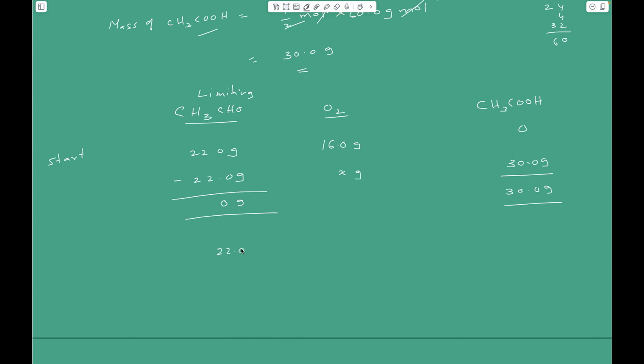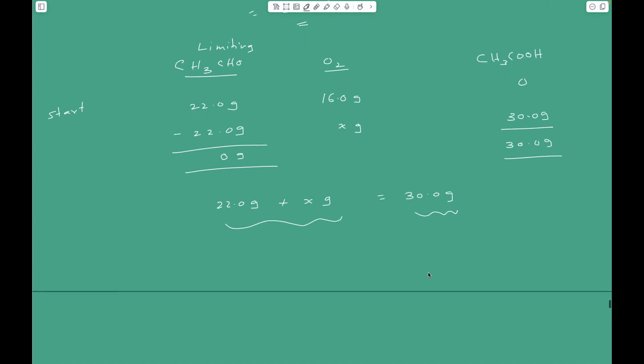So 22 grams of acetaldehyde has reacted with X grams of oxygen to produce 30 grams of acetic acid. The total mass of the reactants must be equal to the total mass of the product. Law of conservation of mass. Then what will be the value of X? 30 grams minus 22 grams, that would be 8 grams.